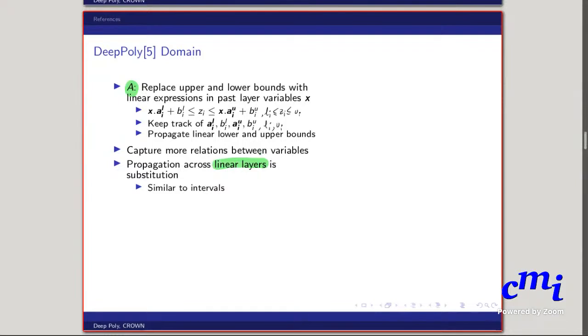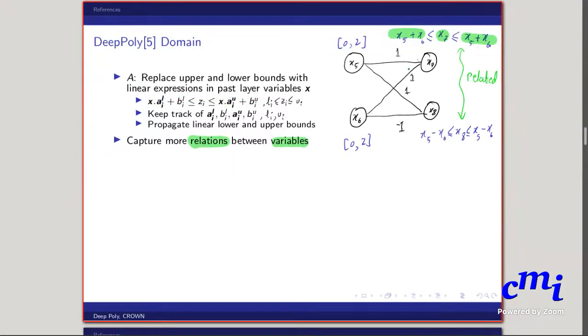So the linear layer is actually fairly simple, because any linear layer is anyway linear, and what you're saying is that you're going to bound the value of this particular variable in terms of linear expressions coming from the previous layers. So you can just say something like what I've written in this diagram. For example, here x7: there's a linear layer that is deciding what the value of x7 should be, given by this 1, 1, 1, -1, and so on.